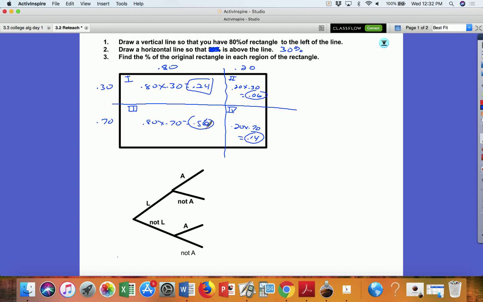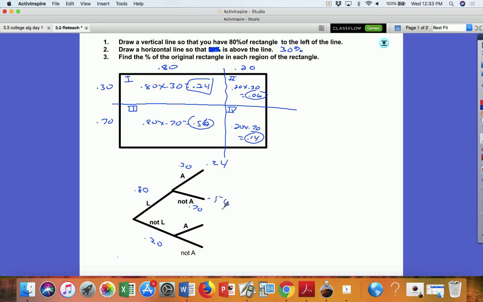So what's this? The chances that it's left? 80%. Chances that it's not left? 20%. Chances that it is left and above. Well, above is 30, so 80% of 30, or 30% of 80, right? Left and not above would be 70% of 80%.